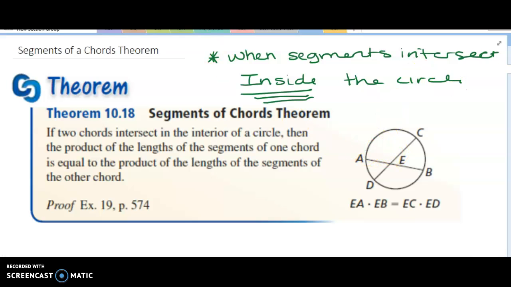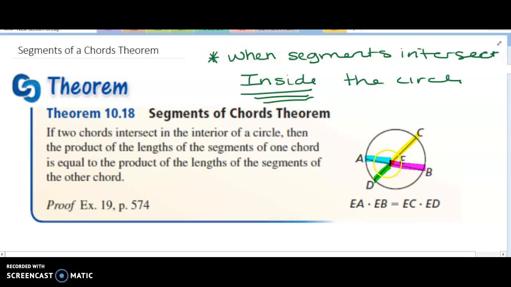So if you look down here, here's one chord, and here's one chord, and they do intersect on the inside of a circle, so we would use this. Now the green and the yellow make up one chord, and the blue and the purple make up another chord.